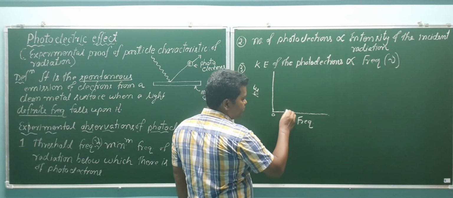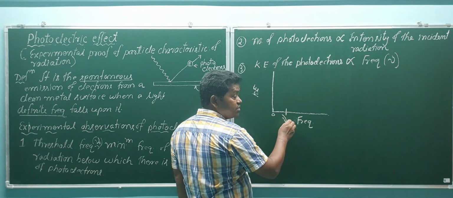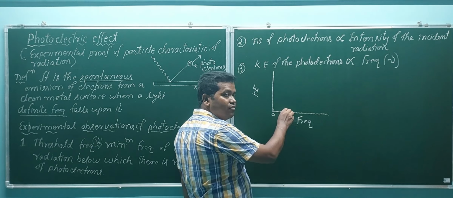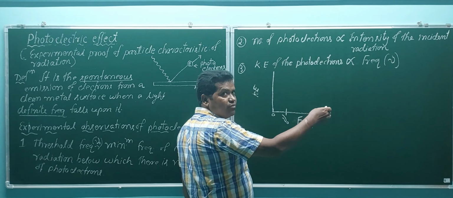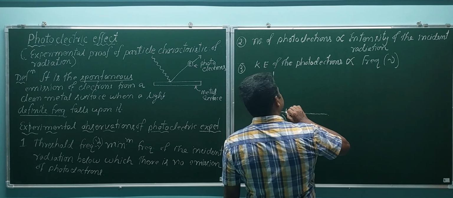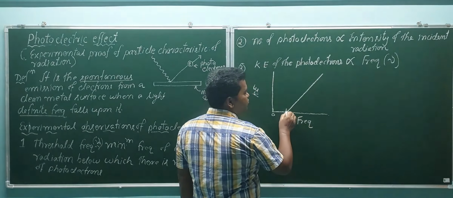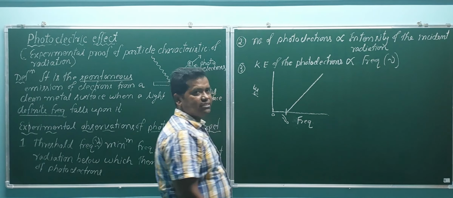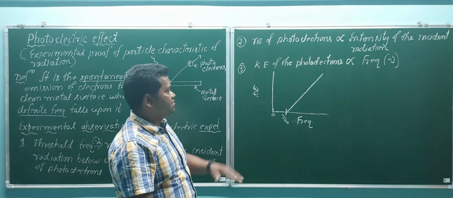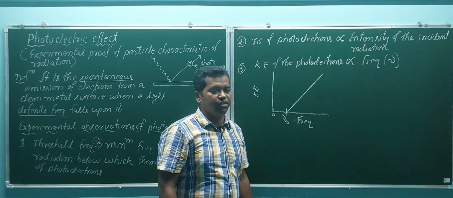This is called nu naught, the threshold frequency. From here there is emission of electrons, and in this way kinetic energy increases linearly with the increase of frequency.